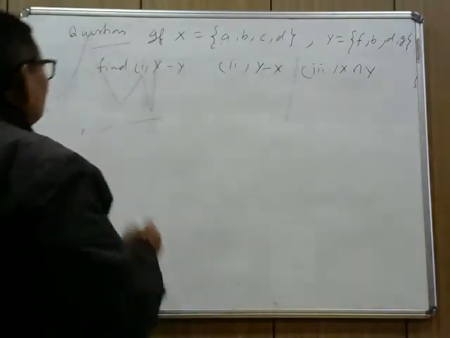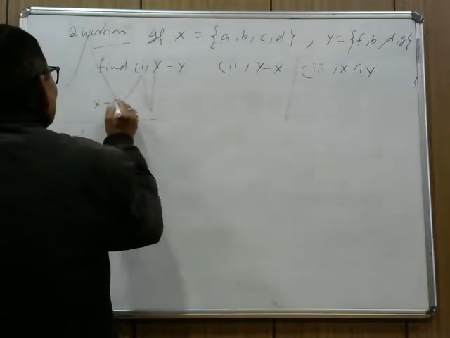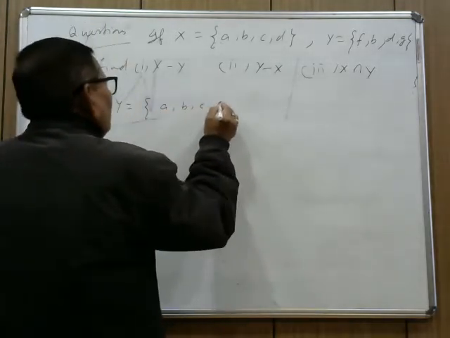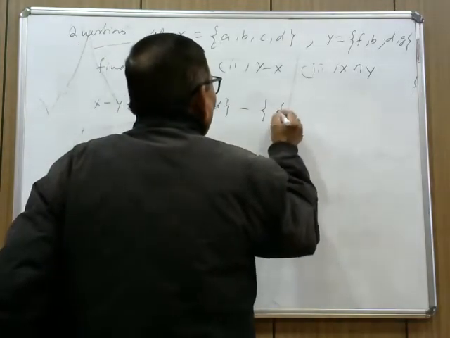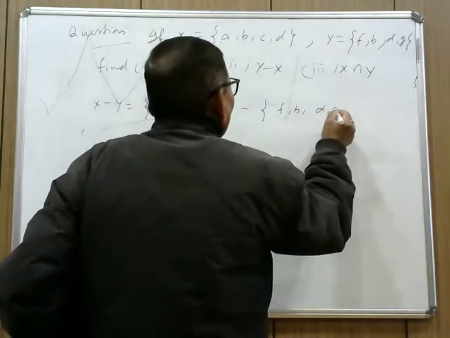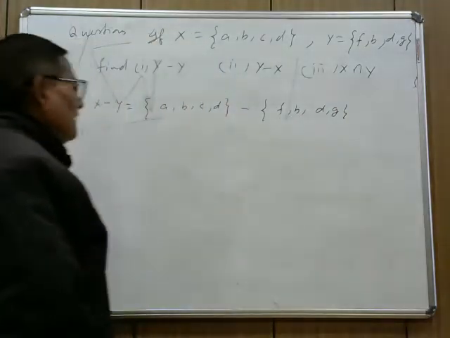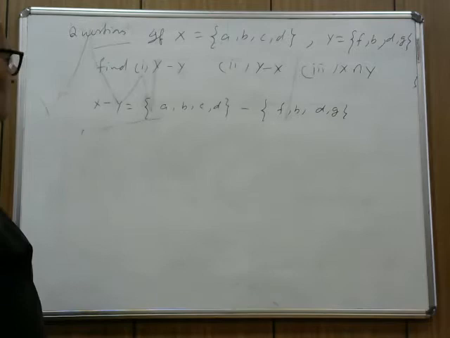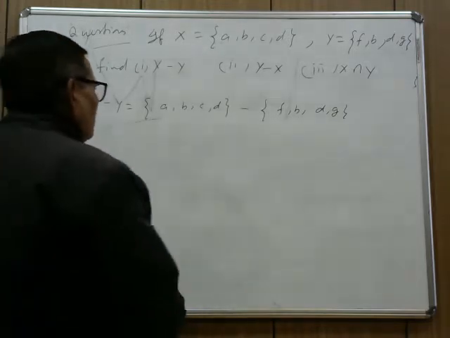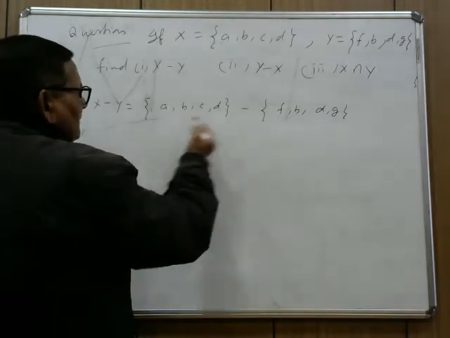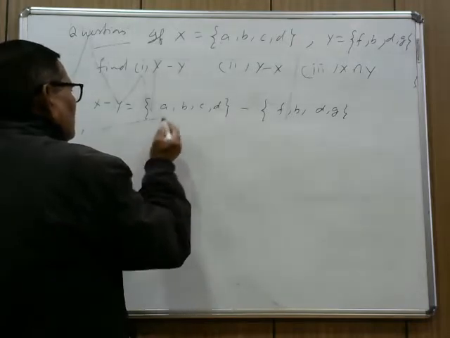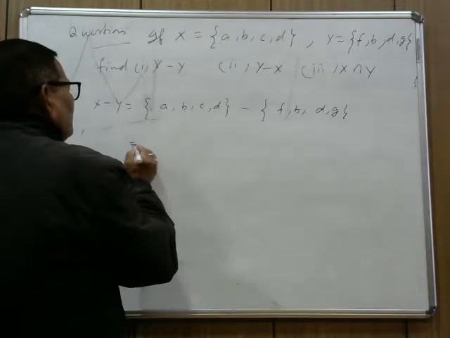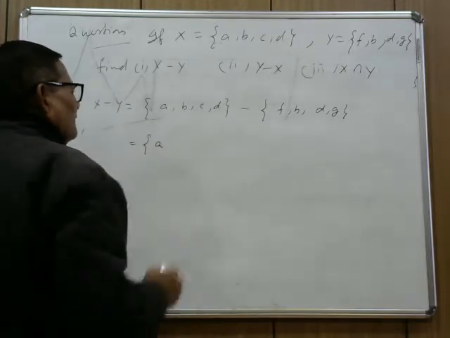For x minus y, you write set x, A B C D, minus F B D G. In this, x minus y consists of those members of x which are not members of y. A is a member of x but A is not a member of y, so it is a member of x minus y.